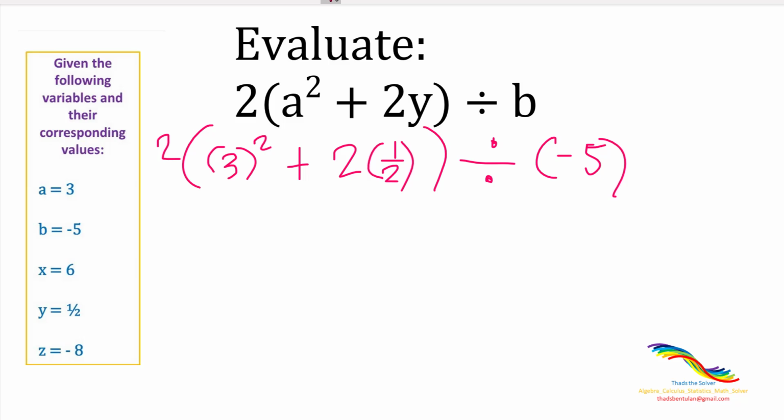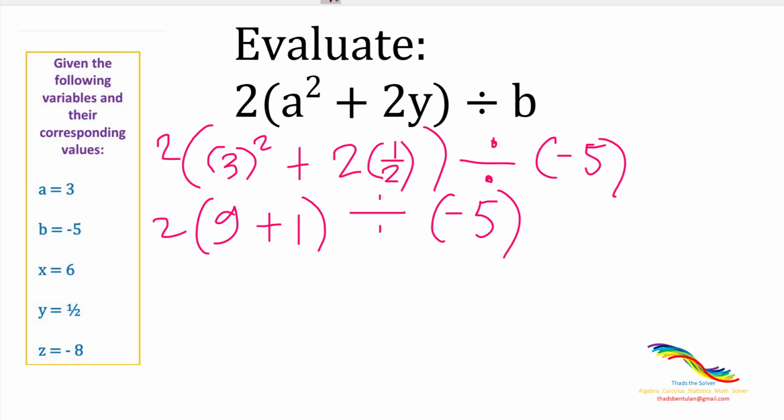So simplifying, we'll have here 2 times 3 squared, which is 9, plus 2 times 1/2, which is 2 divided by 2, equals 1, and divided by -5.